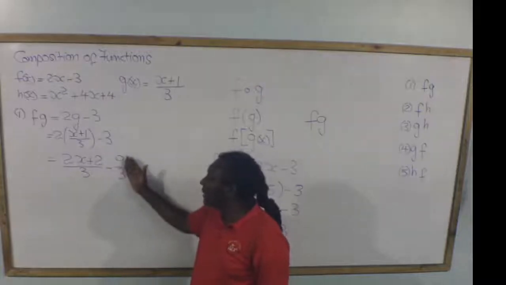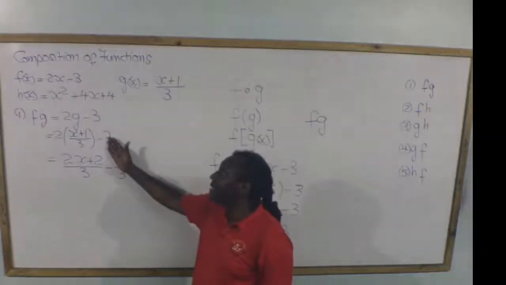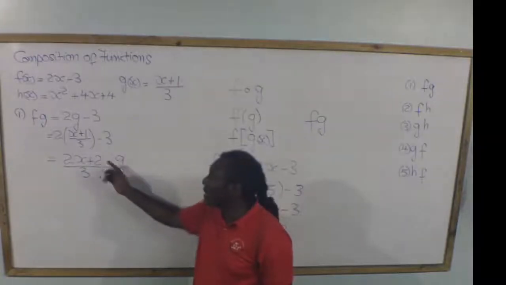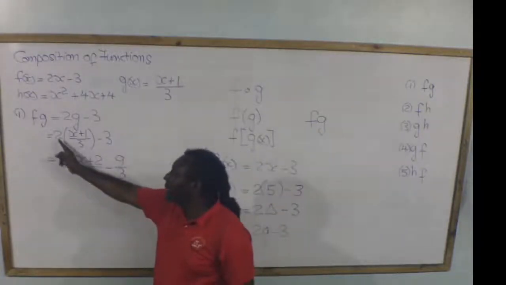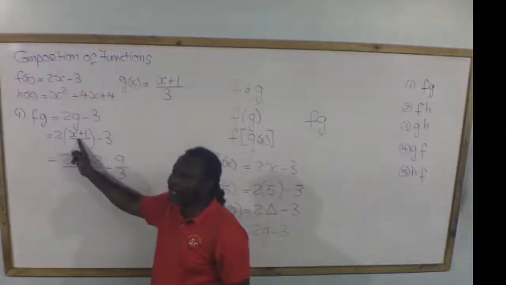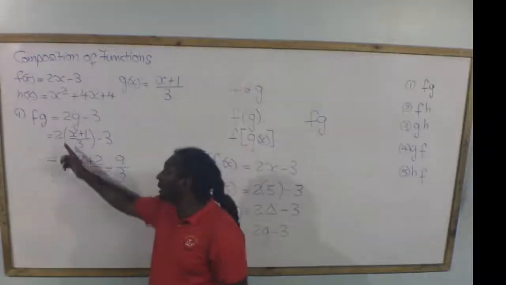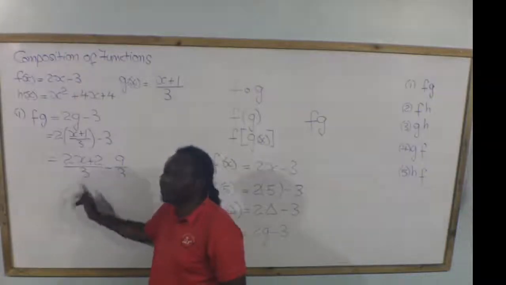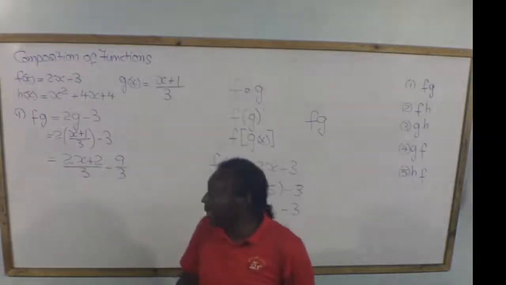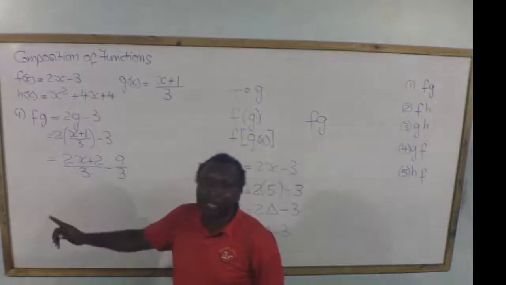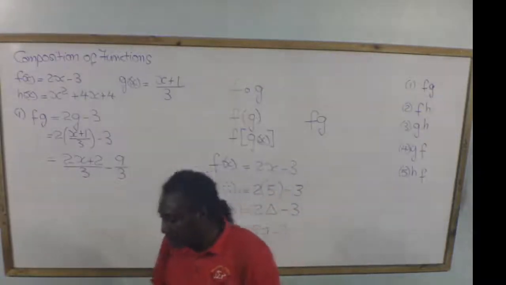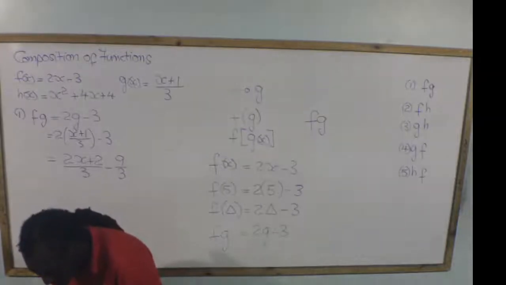So what we have here as 9 over 3 is still this. Therefore, we are pretty much running on the same spot. Also, if we are going to multiply 2 by this fraction, some students will say 2 times x is 2x, 2 times 1 is 2, 2 times 3 is 6. And you know that multiplying the denominator by 2 is incorrect, but that's a typical mistake that students make.